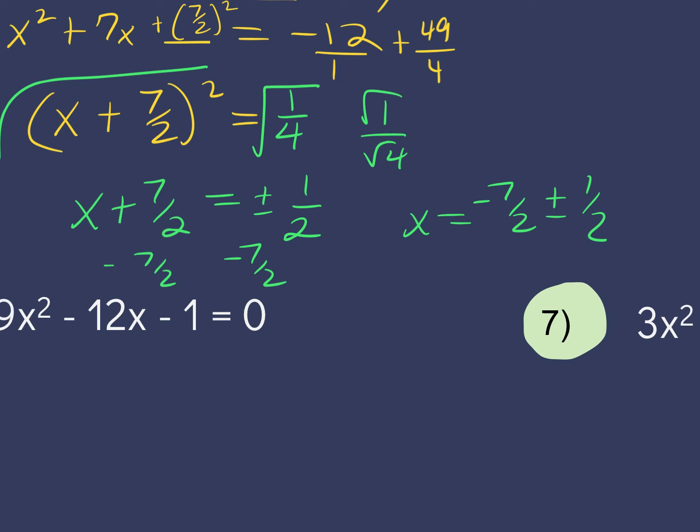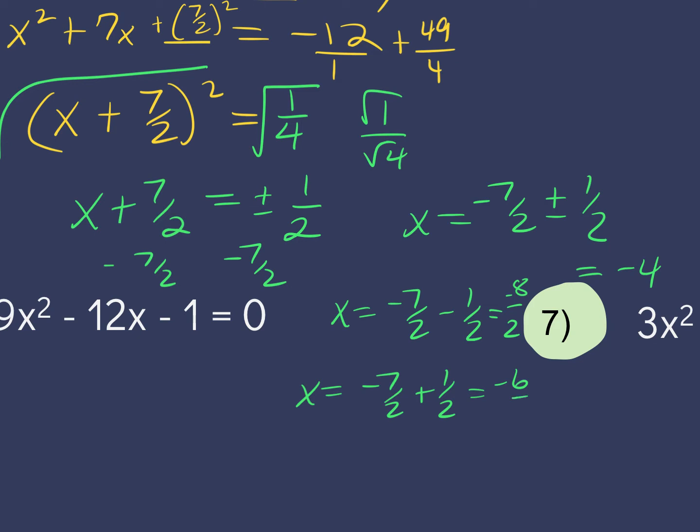When the square root goes away, you have to do negative 7 over 2 minus 1/2, and then negative 7 over 2 plus 1/2. This one gives me negative 8 over 2, which is negative 4. This one gives me negative 6 over 2, which is negative 3. So the two answers here are x equals negative 4 and x equals negative 3.